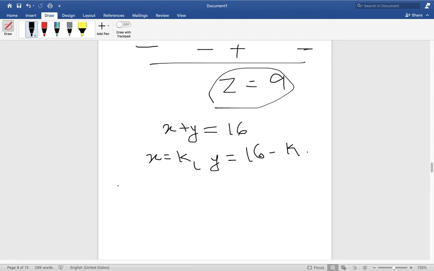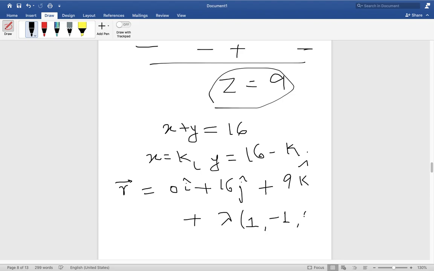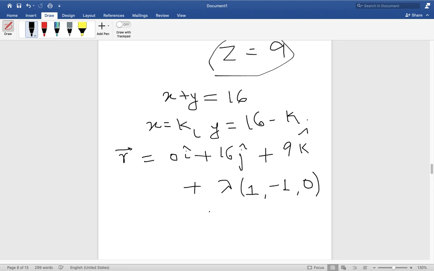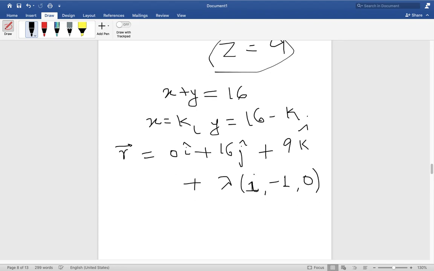So the equation of this line can be written as this: 0i plus 16j plus 9k plus lambda times (1, minus 1, 0), or i minus j and 0, right?